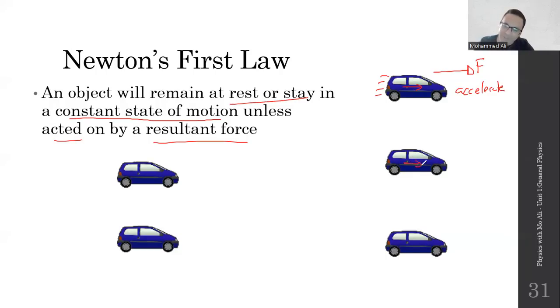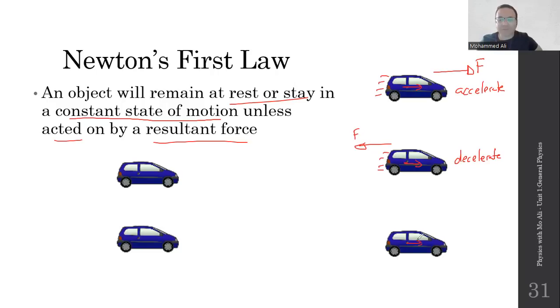If an object is moving to the right, but the resultant is to the left, and I want you to understand what I mean by resultant. This means there are forward forces, there are backward forces, and after you subtract them, this is what's left. In the first case, the forward driving force is more than the resisting forces. Here, the resisting forces are more than the driving forces, so it will decelerate.